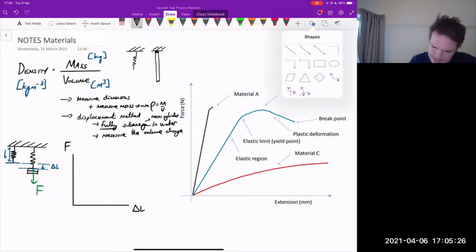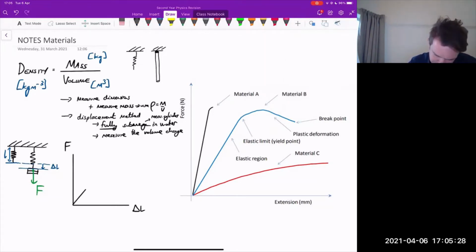You get direct proportion up to a certain extension, and then you get nonlinear behavior, and then depending on the material you've got, you can get more complicated behavior after that. So the line can do something, as you can see on the right, the blue line here does something more interesting, but let's just look at the first bit.